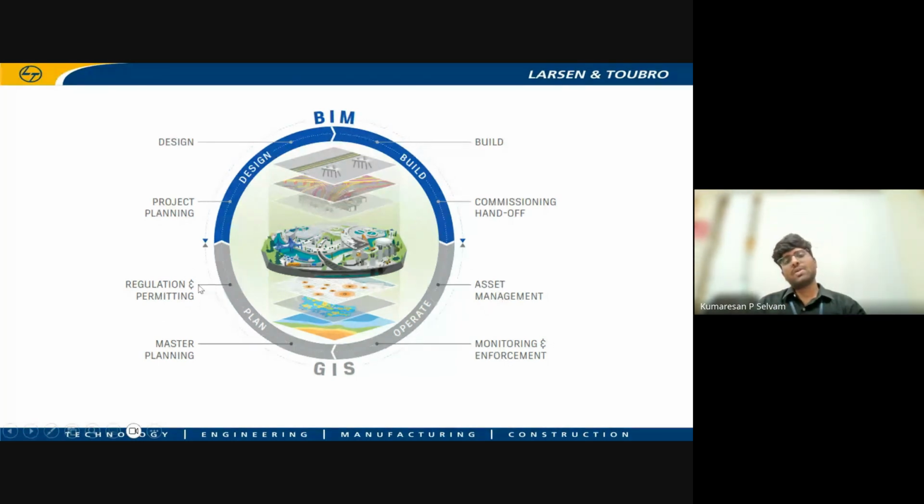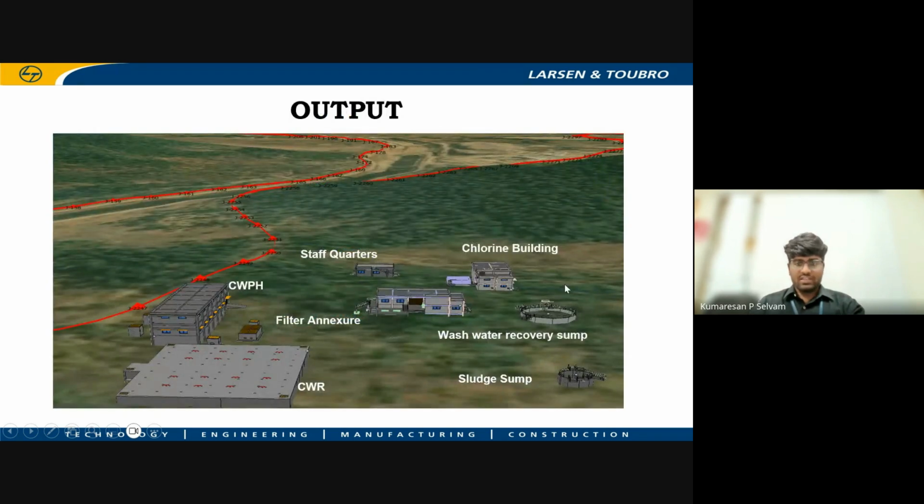Like regulation and permitting, we will be using GIS for forest clearance, marine clearance, coastal clearance, everything. And for master planning of the whole location, we'll be using GIS. And also at the end of the project, during the operating stage, for asset management and monitoring, everything, we will be using GIS.